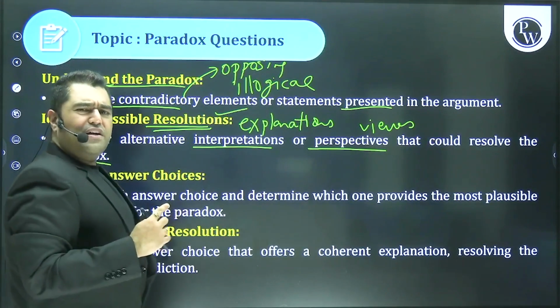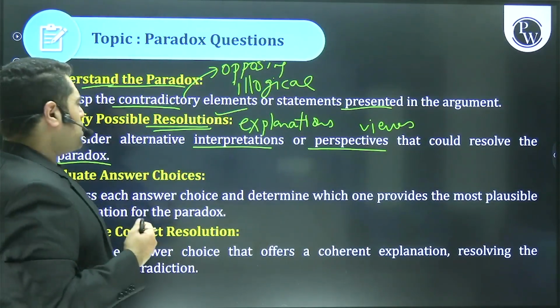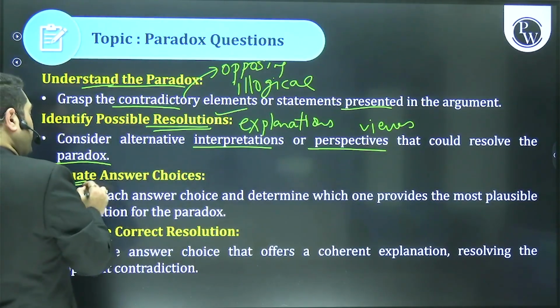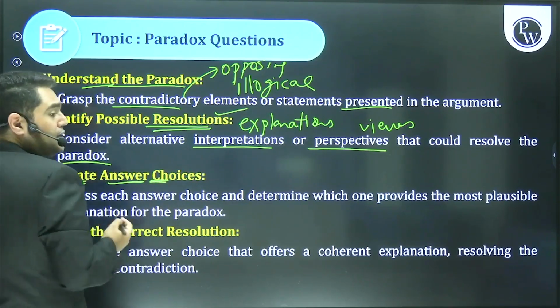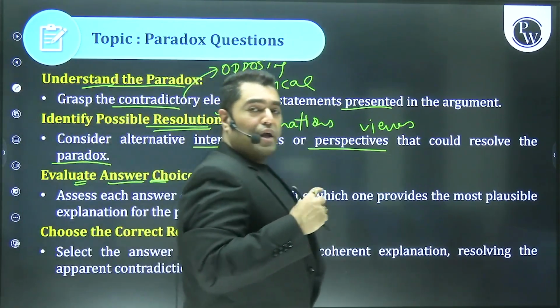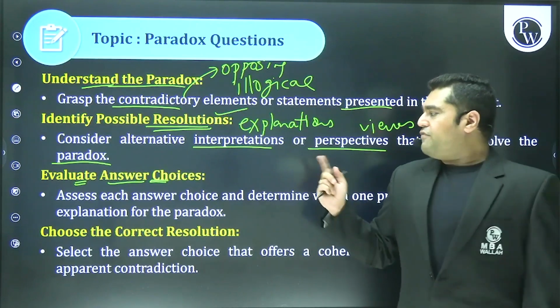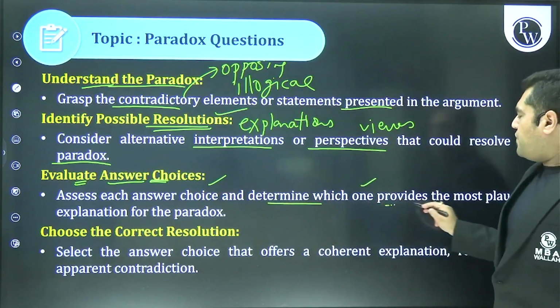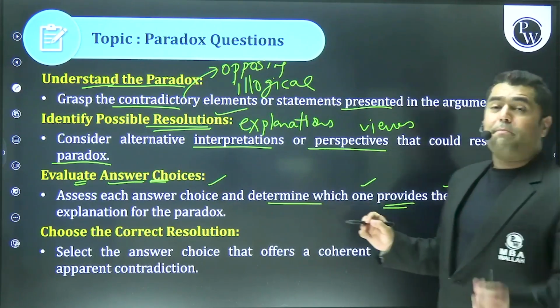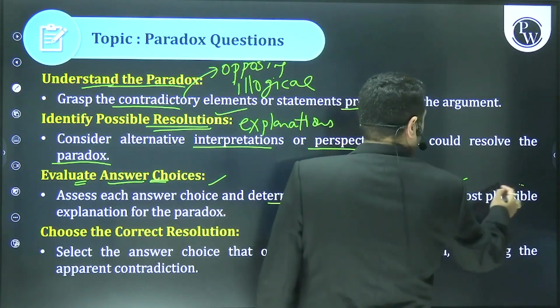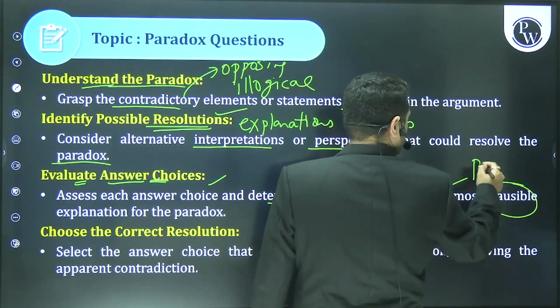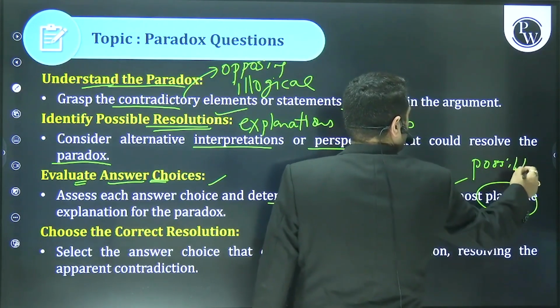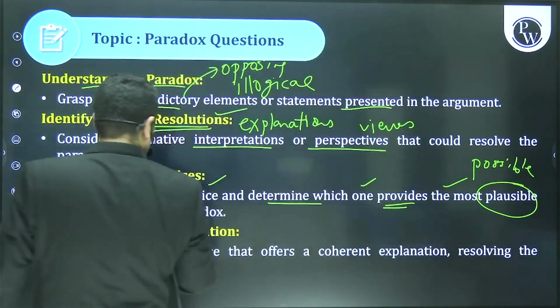So let's think and figure out. Now evaluate your answer choices. Think on those aspects and angles, assess each answer choice, determine which one provides the most plausible, meaning possible, logically completing explanation for the paradox.